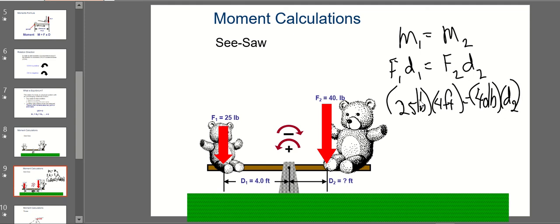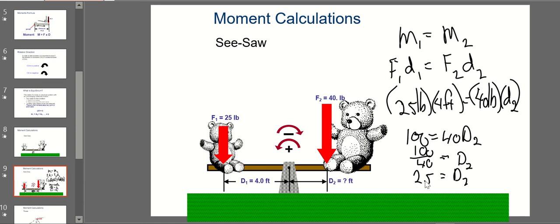So 4 times 25, I've got 100 equals 40 D2. D2 is 100 over 40, so D2 equals 2.5. So this would be 2.5 feet. He's got to move in 1.5 feet in order to balance his buddy out.